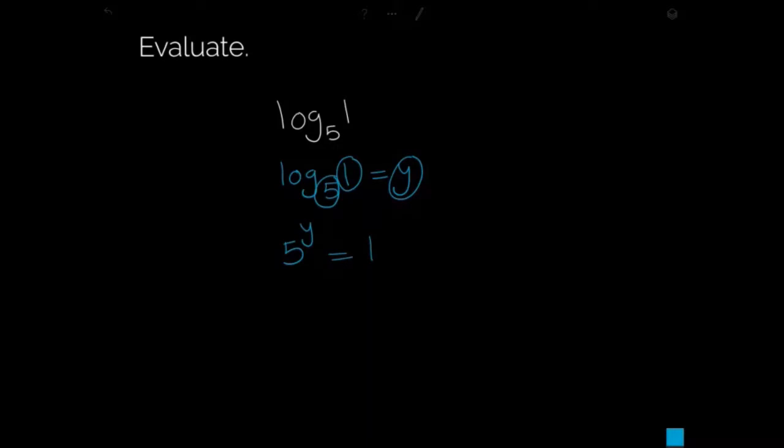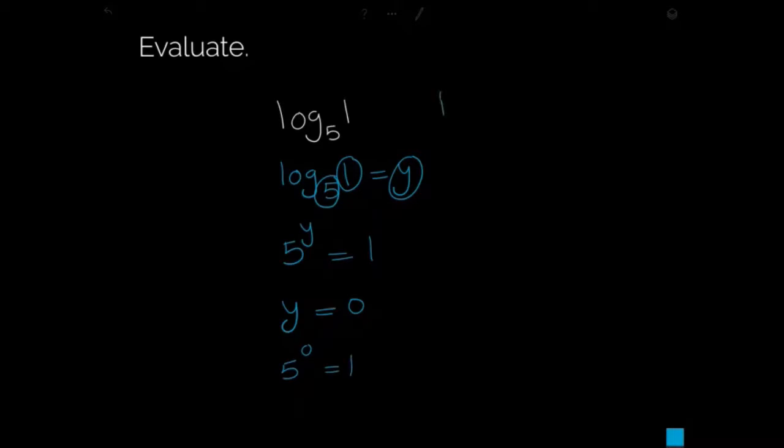Now think of an exponent that when 5 is raised to gives you 1. A base of a power would equal 1 if and only if the exponent is 0. So y equals 0, 5 to the power of 0 equals 1.